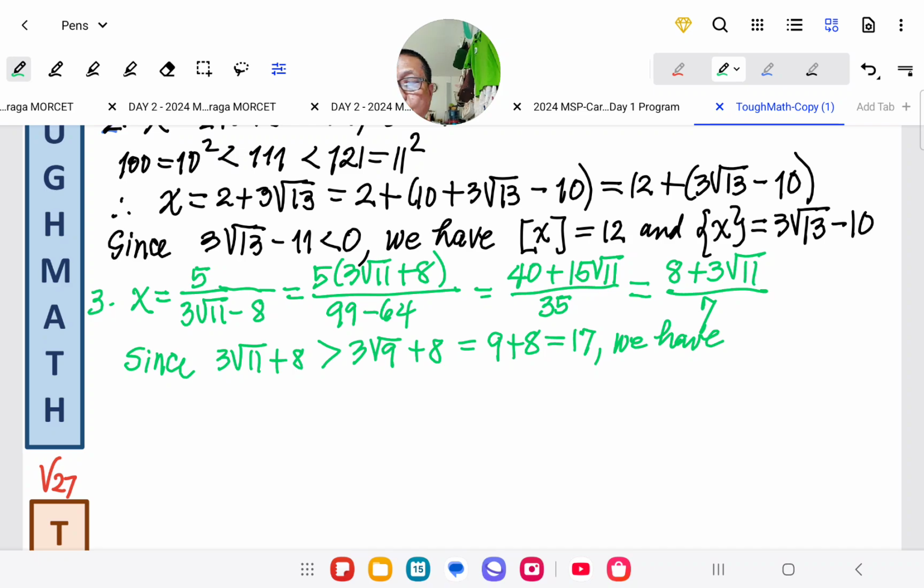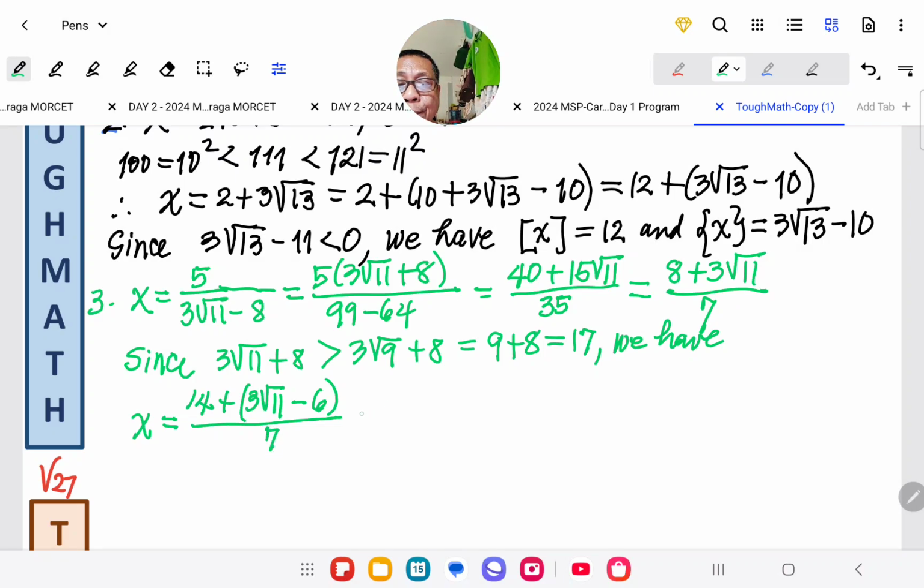x equals, so we change the 8 into 14 plus 3 square root of 11. Since the original was 8, we have to subtract 6 over 7.